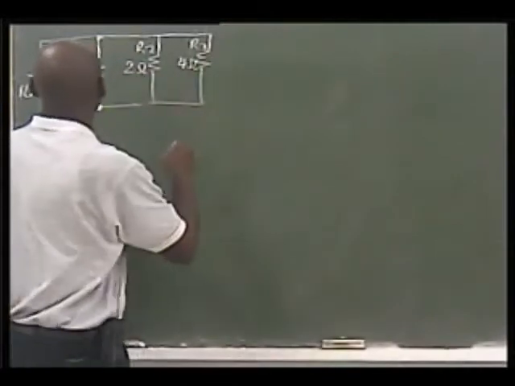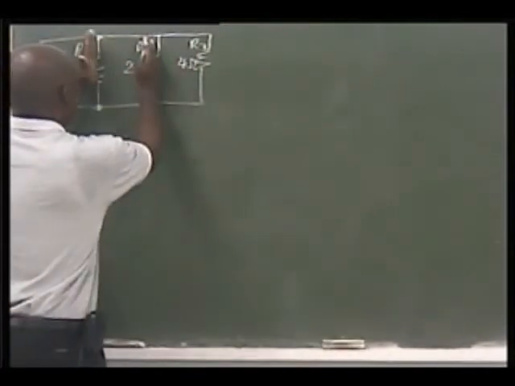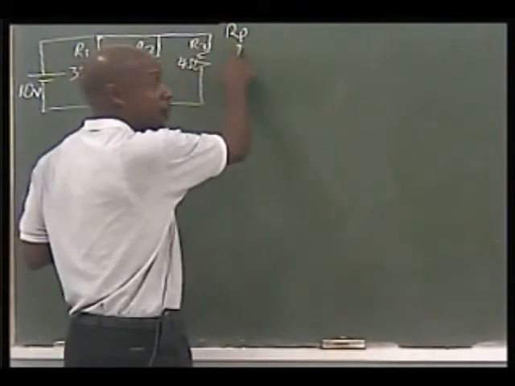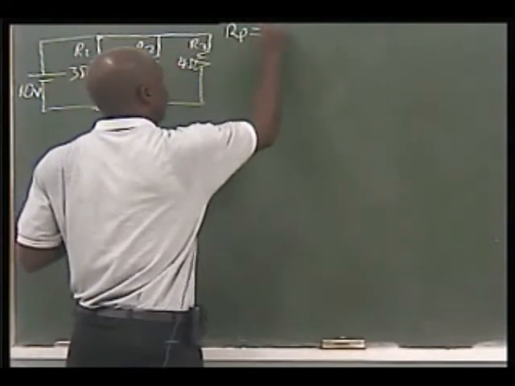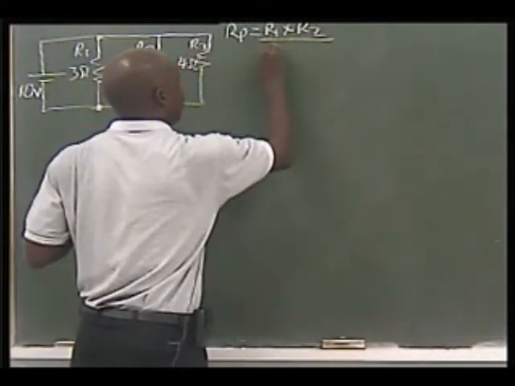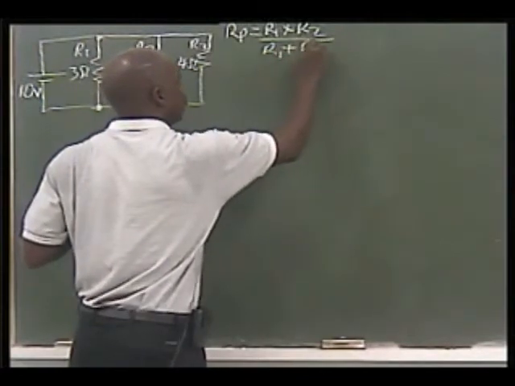To begin with, we'll find a parallel combination for these two resistors, R1 and R2. So R parallel, that's why I'm putting RP, is equal to R1 times R2 over R1 plus R2.